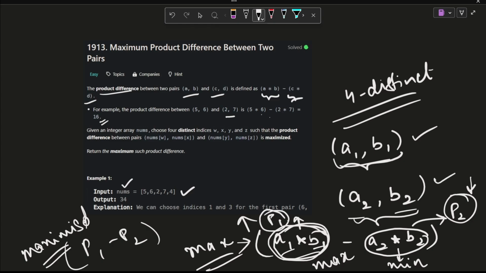Now if we want to make the product p1 as maximum as possible, then we have to choose a1 and b1 for the first pair as maximum as possible from this nums array.